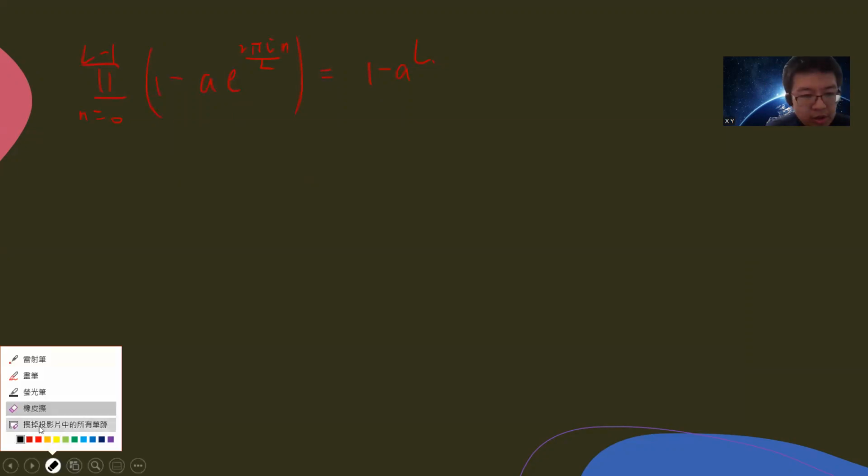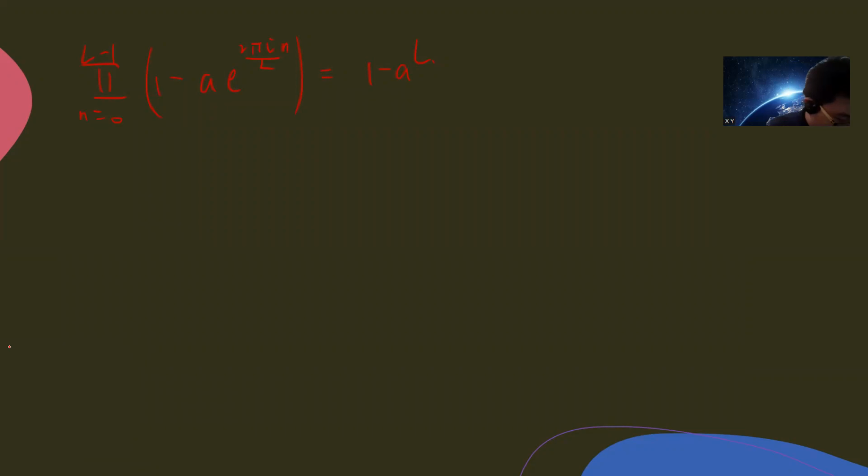So the idea is this: if we consider x to the L minus 1 equals 0, then the roots of this will be x equals the exponential of 2 pi i n divided by L, where n is from 1 to L minus 1.